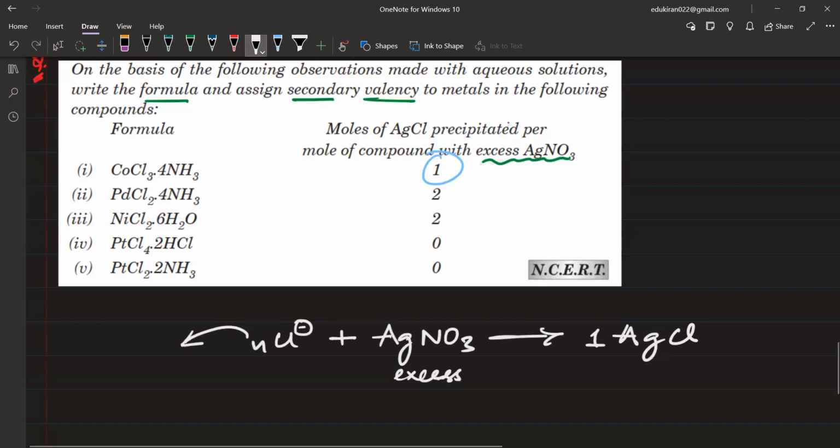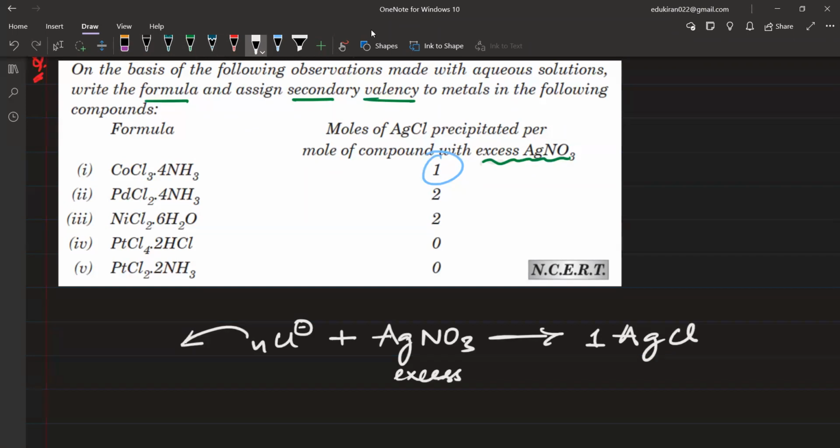Tell me, guys. N कितना होगा? How many chloride ions will be present? 1, 2, 3, 4. First case के हिसाब से बताइए. You don't have to look at this at all. You just need to look here in order to say the number of independent chloride ions. Tell me. 1. सबको दिख गया? Yes or no? Please tell me. Yes, sir. Okay, fine.